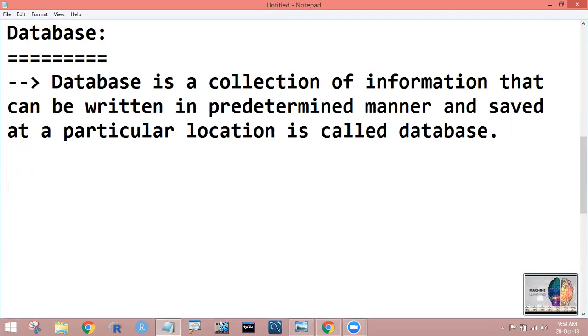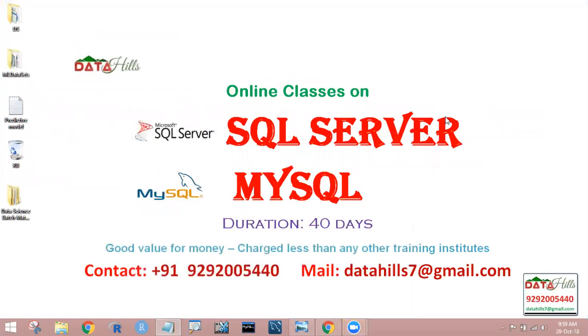Now let us enter into our subject, the database management system. What is a database management system, that is, a DBMS?